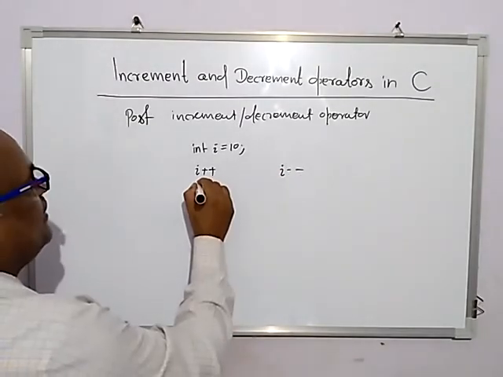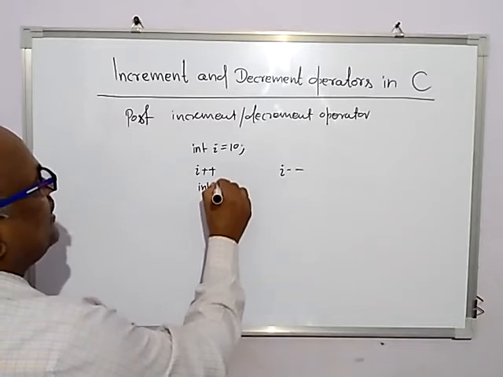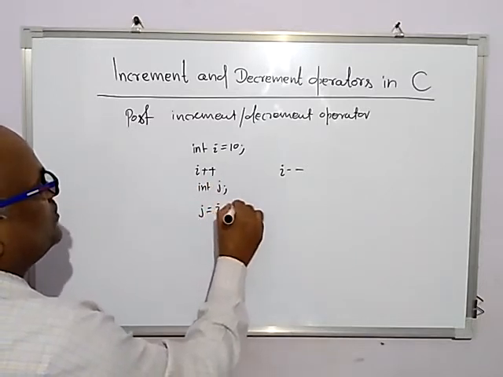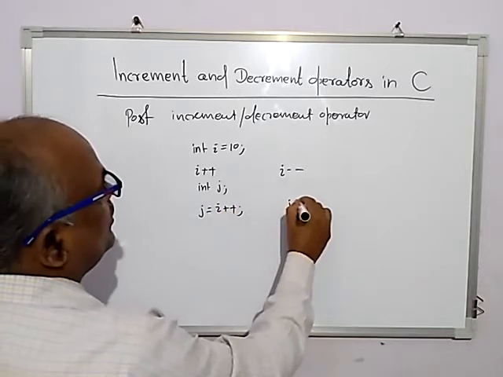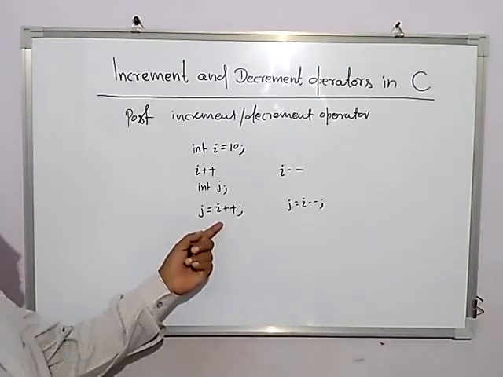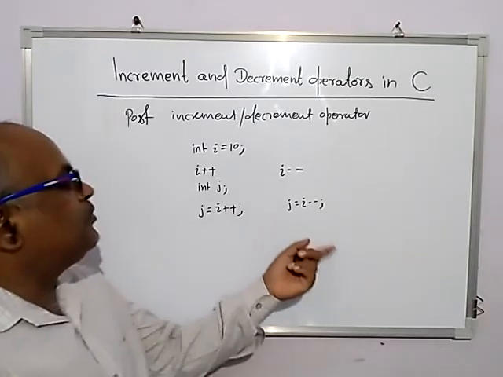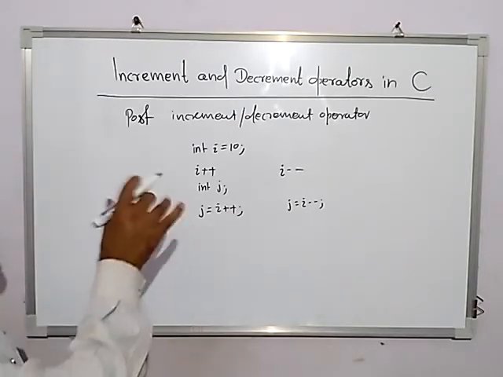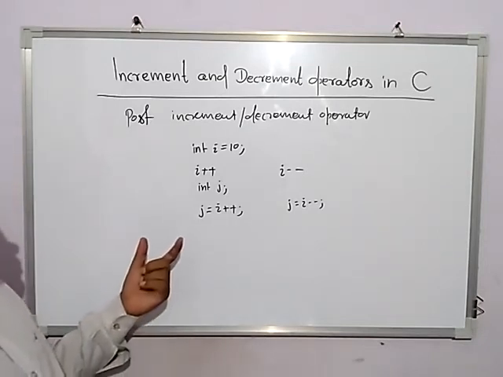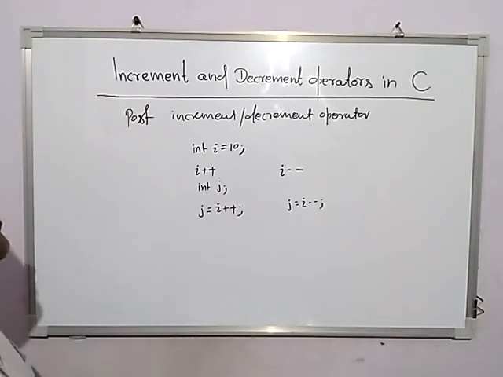If you take another variable j, suppose int j, then j equal to i++ or j equal to i--. What does it mean? In case of post increment or decrement, what is the use of the post increment and decrement operator?